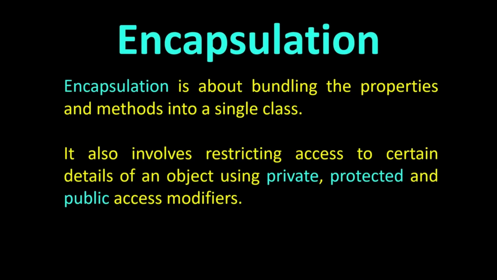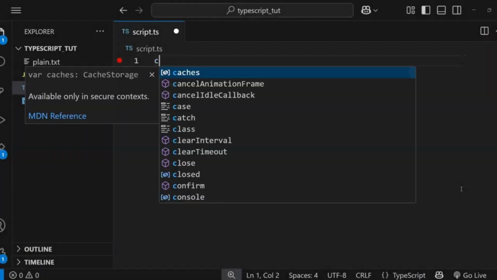As the first pillar we have encapsulation. Encapsulation is about bundling the properties and methods into a single class. It also involves restricting access to certain details of an object using private, protected, and public access modifiers. Let's understand this through a quick demonstration.